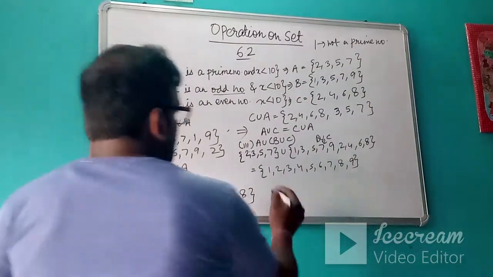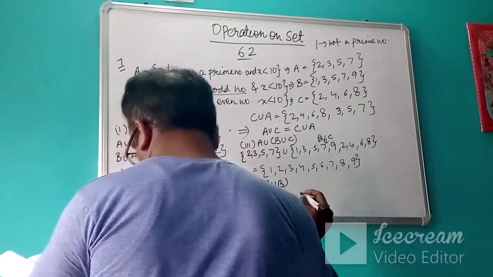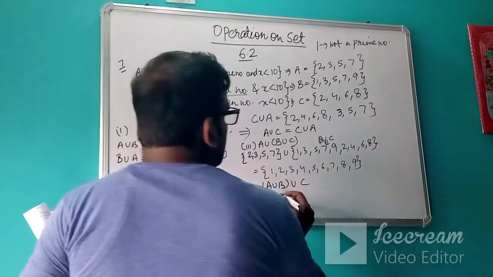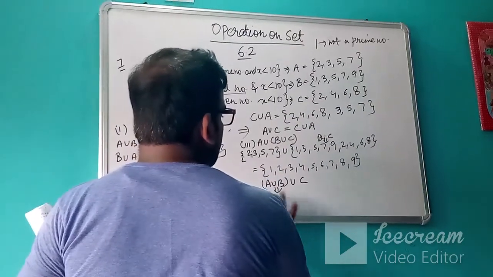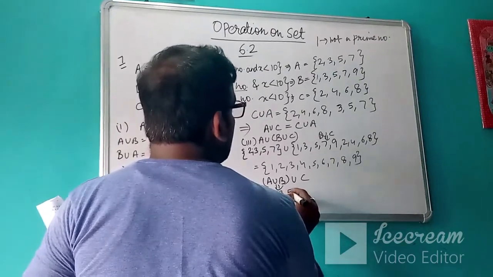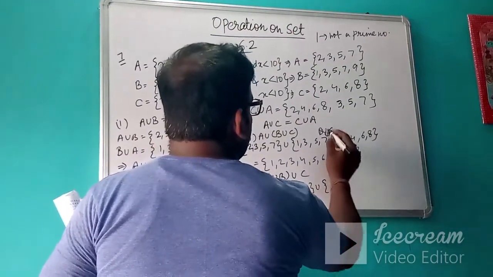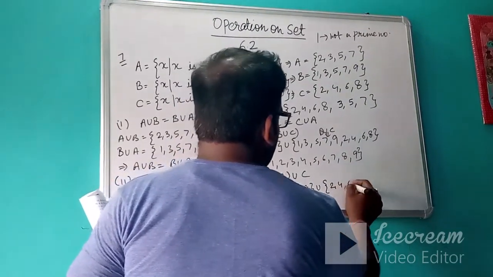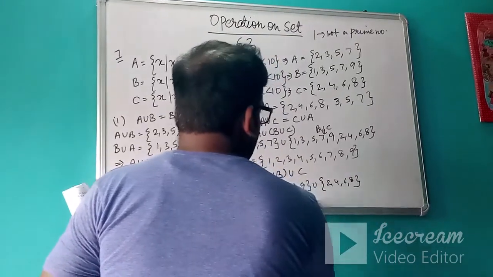Then we have to calculate A union B union C the other way. First we will calculate A union B. A union B is 1, 2, 3, 5, 7, 9. Union set C, which is 2, 4, 6, 8. What is the answer of this?